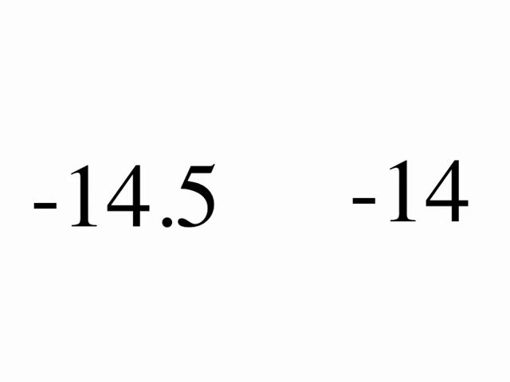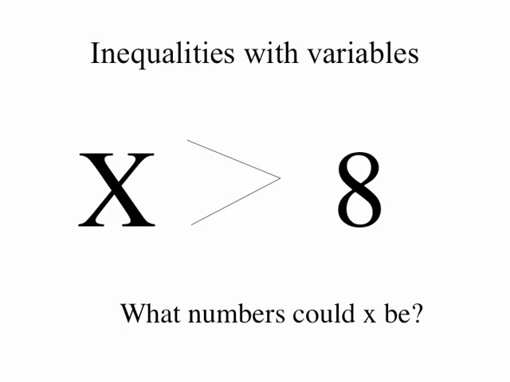But because these numbers are both negative, remember we're thinking about which one is further right on the number line. That's the bigger one. In this case, -14 is a bigger number. It is not quite as negative as -14.5. And 4 and -8, gee, this feels like we've done this one already. 4 is the bigger of those two.